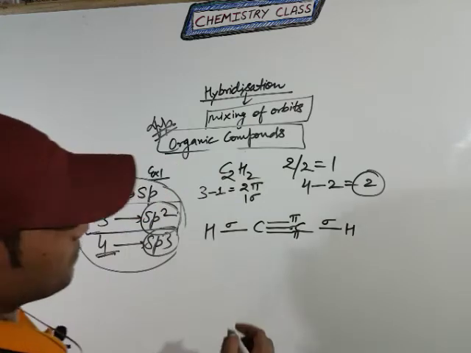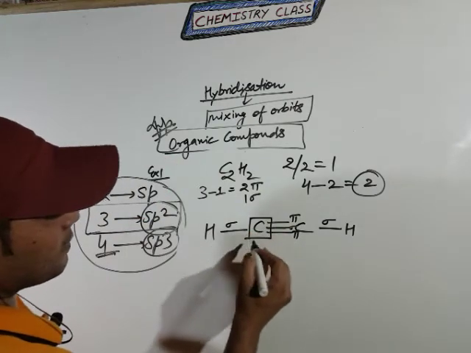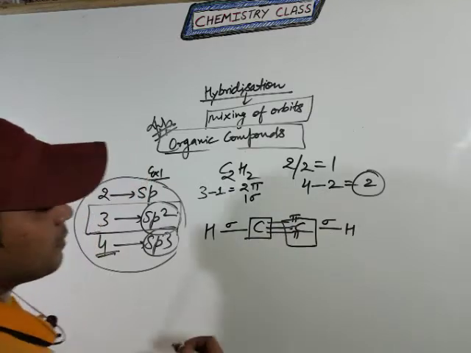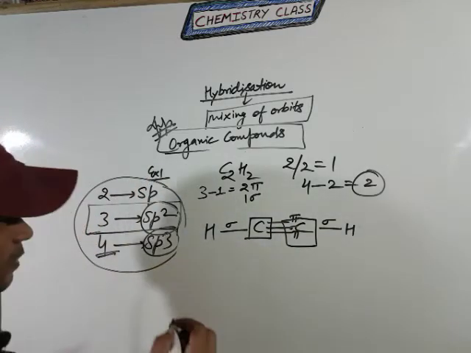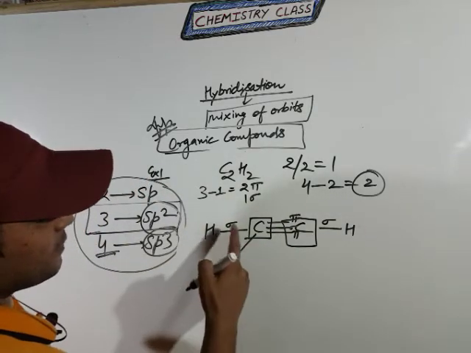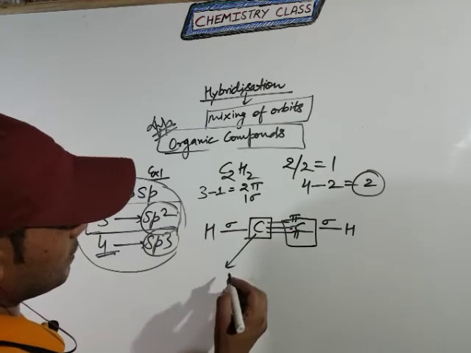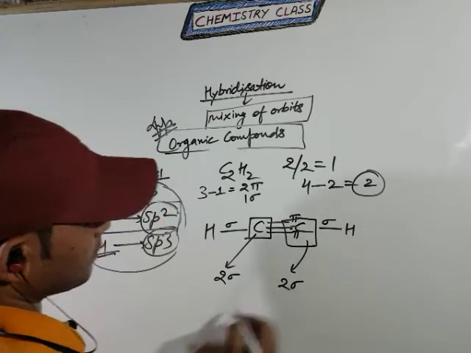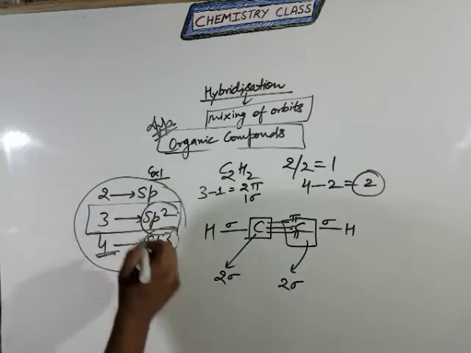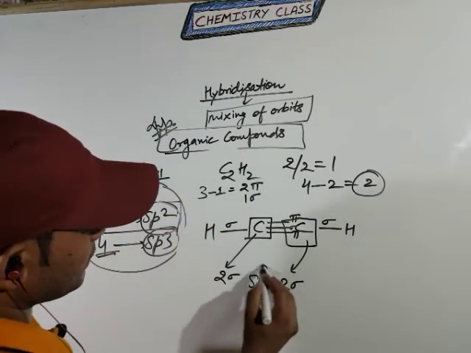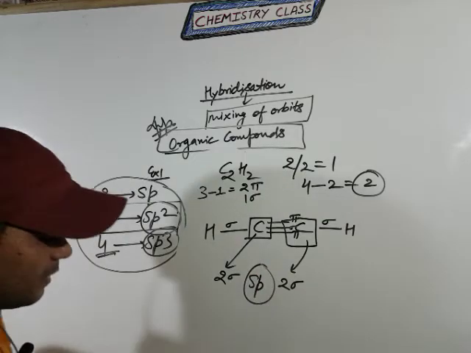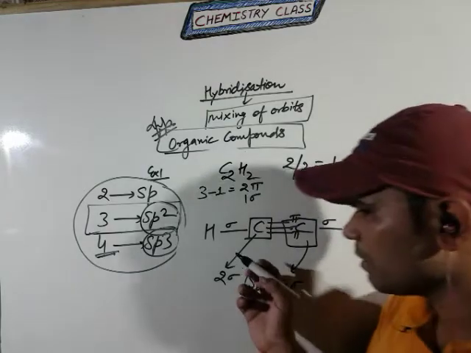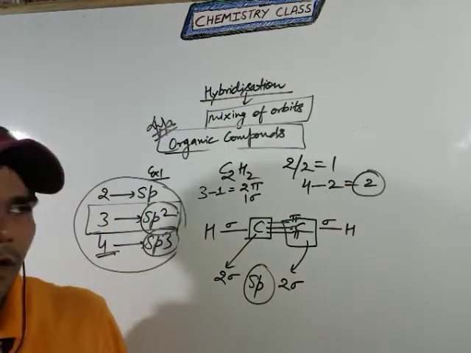So students, mark the central atom and now calculate the sigma bonds. In this case carbon has 1 sigma and 1 of this one, so 2 sigma bonds, and in this case also 2 sigma bonds. So for 2 sigma bonds we have the sp answer for the carbon atom. So in this case the central atom has sp type of hybridization in the given compound.